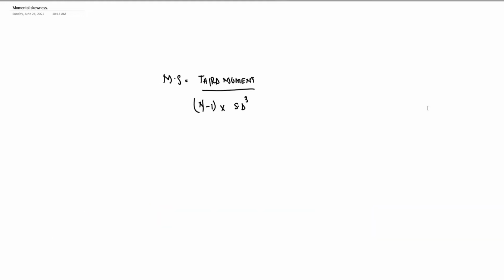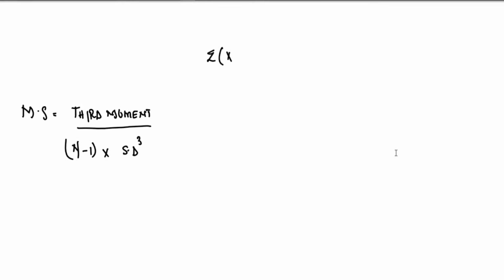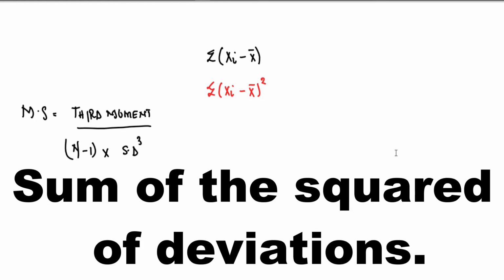The first moment about the mean is seen as the summation of (xi minus x bar), and this is the first moment. The second moment is the summation of (xi minus x bar) all squared, which can be seen as the sum of the squares of deviations.